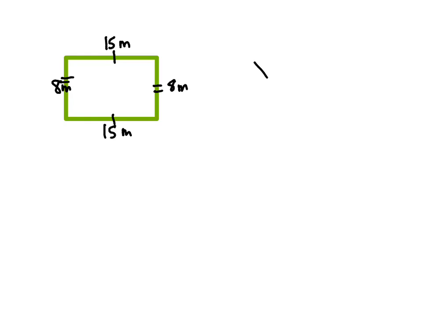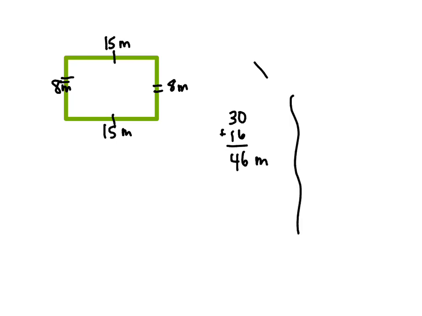So when we're finding the measure around the shape, we would simply add 15 plus 8 plus 15 plus 8. You could say, I know that 15 plus 15 is 30, and I know 8 plus 8 is 16. So 30 plus 16 would give me 46 meters.